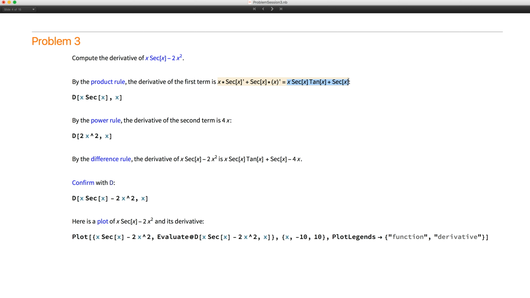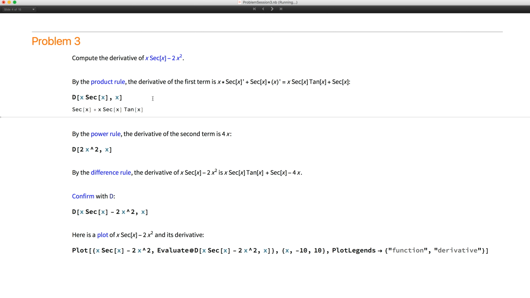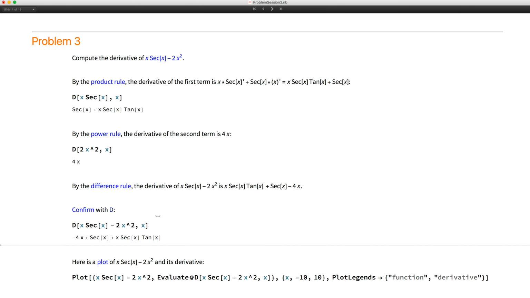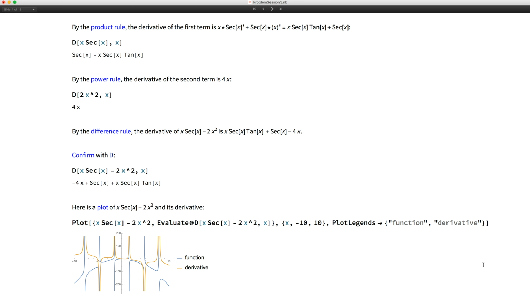You can check the answer with D. Then for the 2x squared, the derivative is 4x by the power rule. Then you combine them with the difference rule, and you get the answer, and you can confirm it with D to check that it's correct. Finally, here is the plot of the function and its derivative.